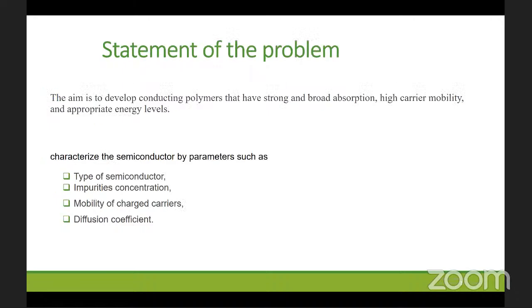The new development of technology requires fabrication and growth of artificial materials that present strong and broad absorption with high carrier mobility and appropriate energy levels. Applying these types of materials for various electronic devices requires characterizing the semiconductor by different parameters such as the type of semiconductor, the impurity concentrations, mobility of the charge carrier, diffusion length.